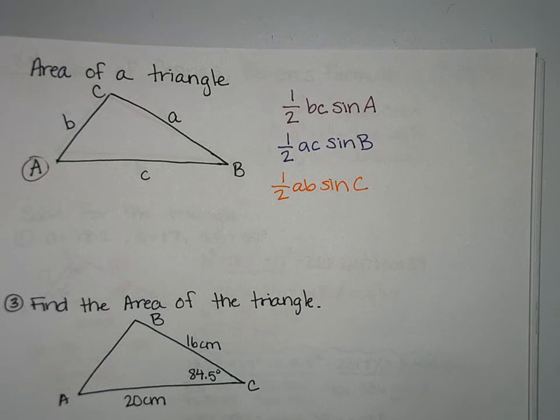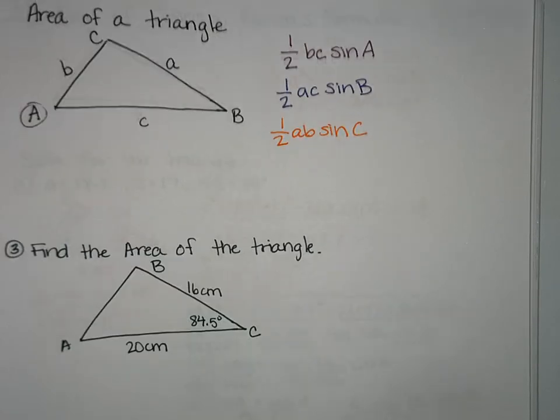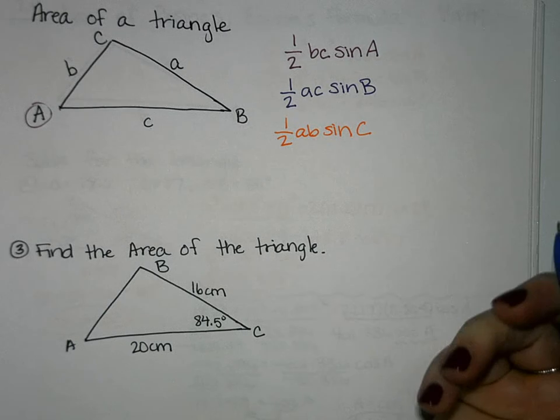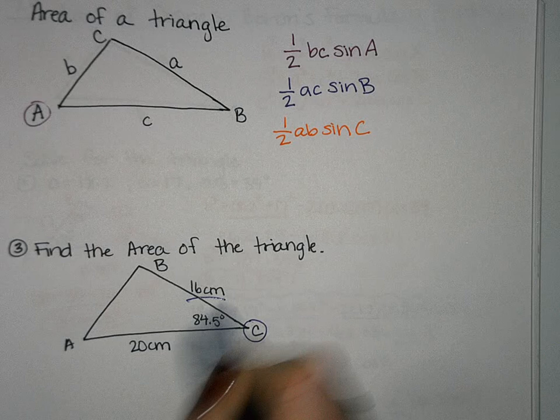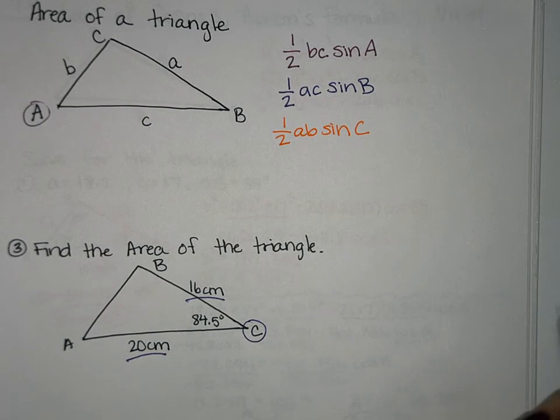So the one example I have for finding our area of a triangle is right here at the bottom. So we have our angle here. We're going to use these two sides to help us find the area.